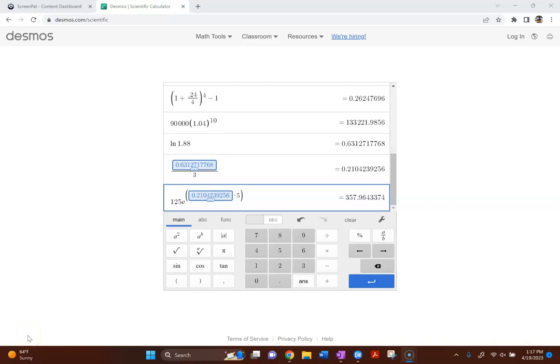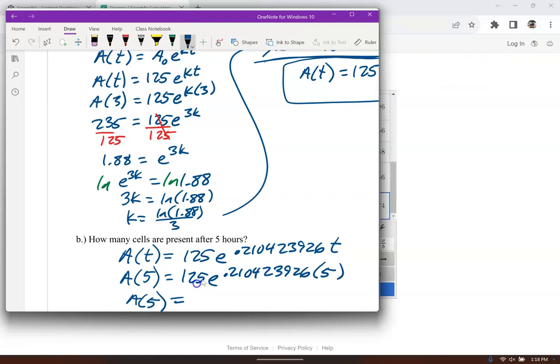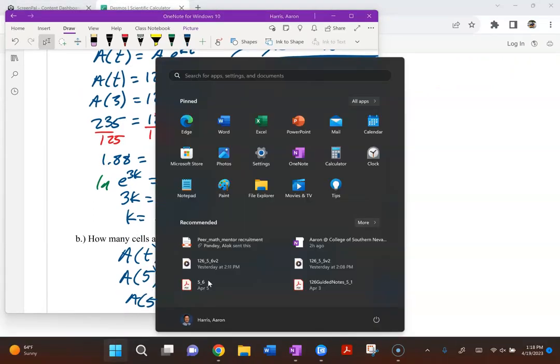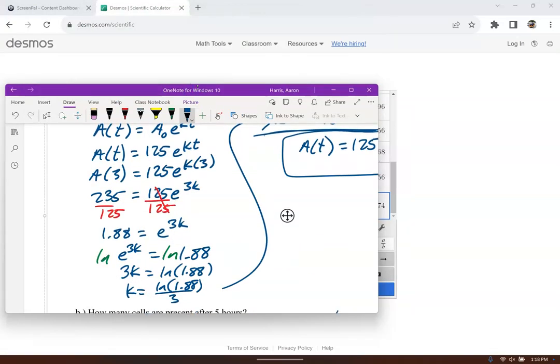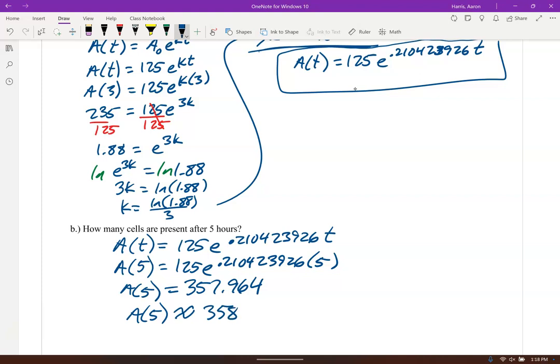We get 357.964. Rounded to the nearest cell, so 358 cells approximately after 5 hours.